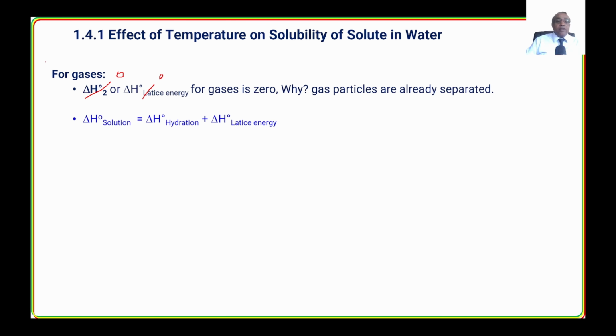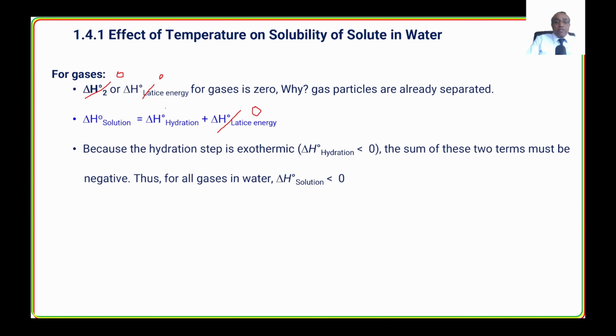Since this is 0, the enthalpy of hydration equals the enthalpy of solution. Enthalpy of hydration is always exothermic. For exothermic processes in general, solubility decreases as temperature increases. They have an inverse relationship. If you increase temperature, solubility decreases.